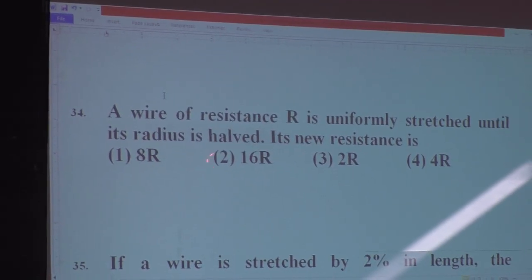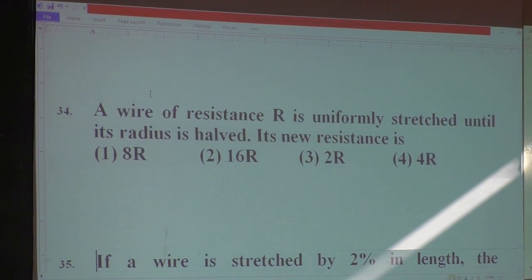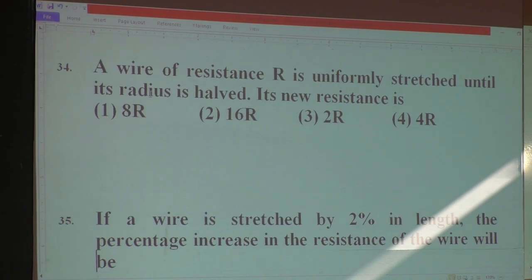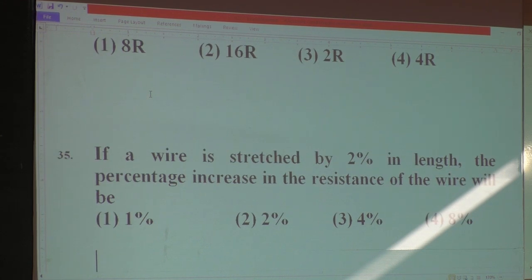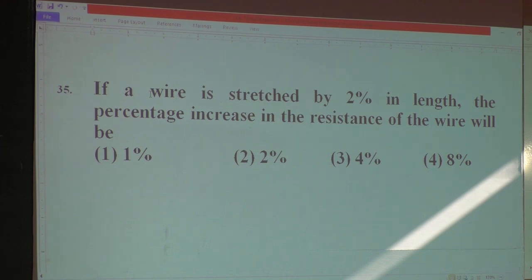Yesterday we discussed this part. Then this part also: a wire is stretched by 2% in length, then the percentage increase in the resistance will be. Here we have not discussed 2%, we have discussed 20%, 10%, and so on.